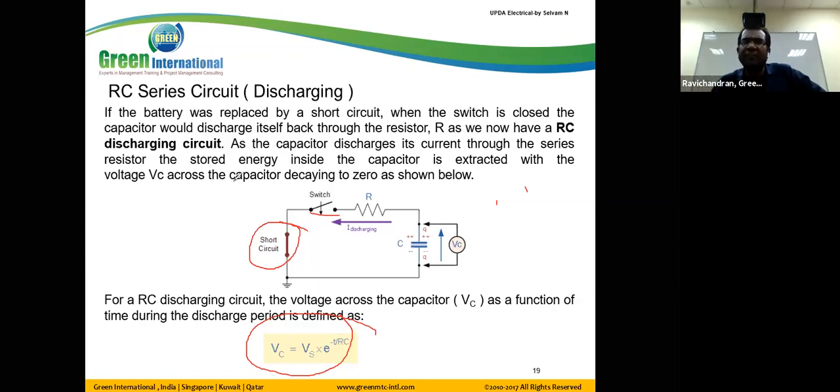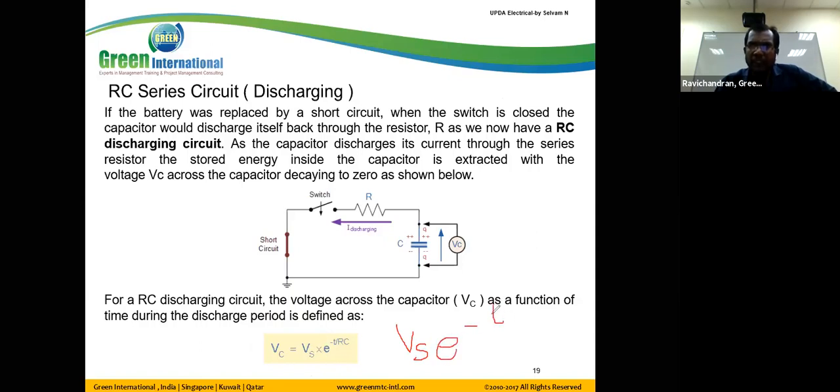Read the question paper carefully to see whether it is charging or discharging. This is the formula for the discharging circuit.